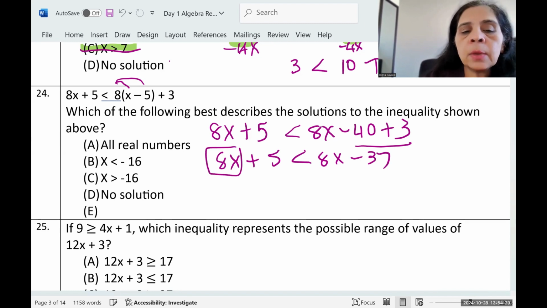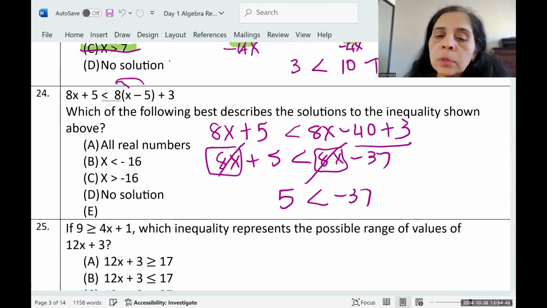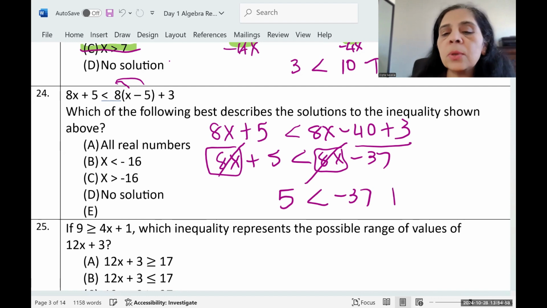Again, we can check. We have exactly the same coefficient of the variable, so that cancels. So now the leftover is 5 less than negative 37. Is that true or false? 5 is a bigger number than any negative number, right? So that is false.